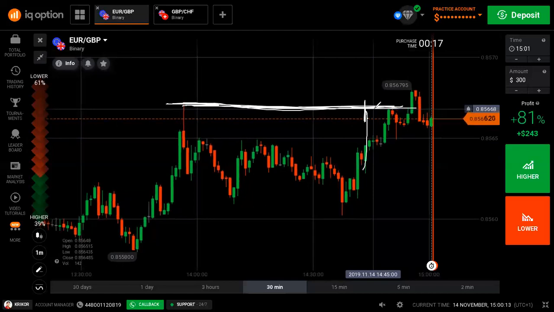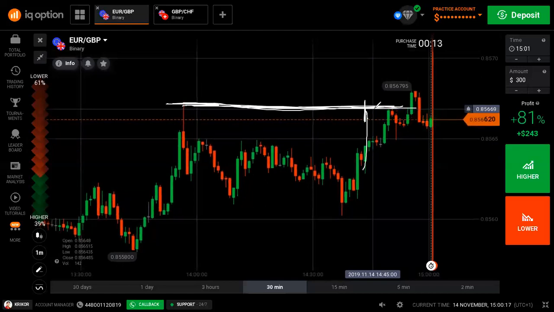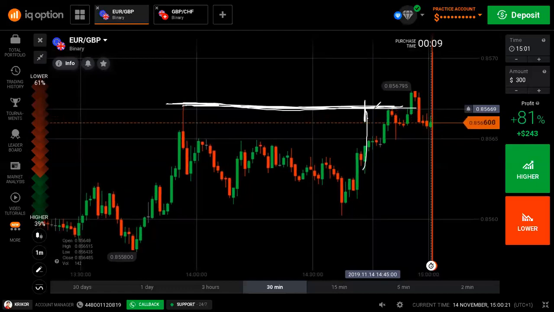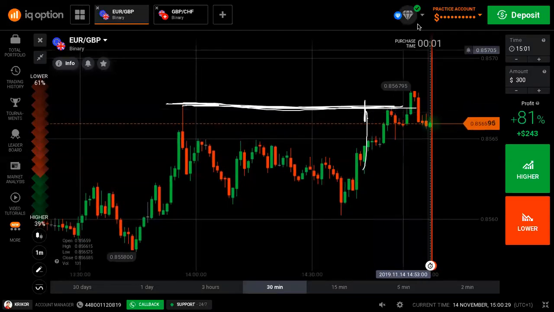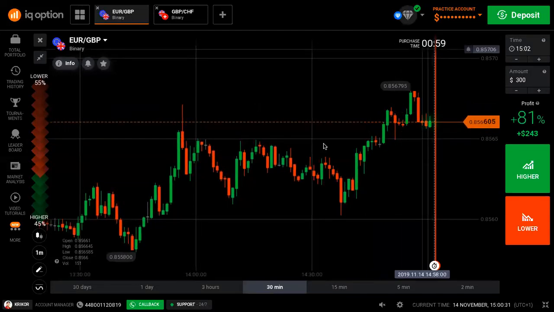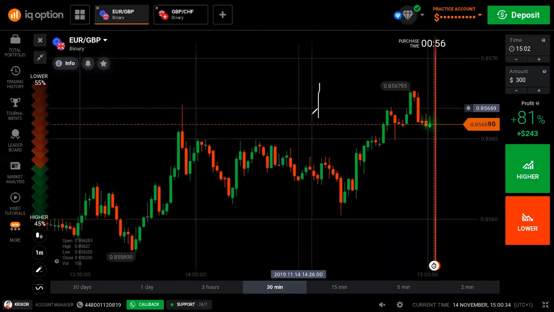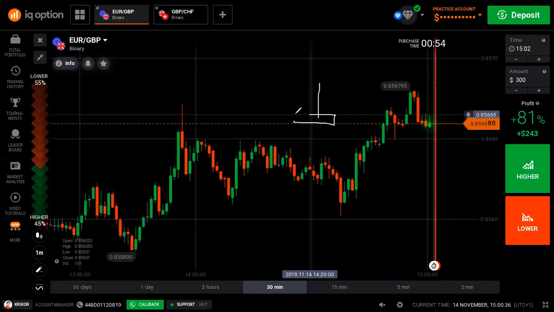So when you see touch, don't just go. Wait for a reversal candlestick. The moment you have seen a reversal candlestick, don't go yet. Wait for confirmation. And there's a reason: sometimes the reversal candlestick can be the same candle that touched.